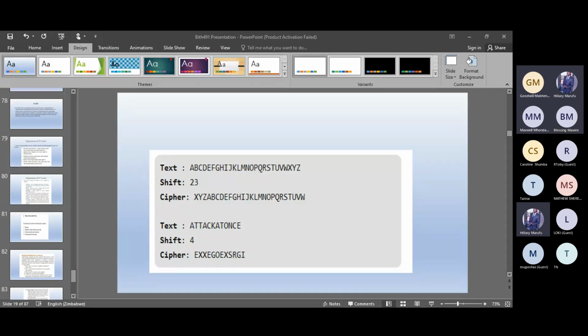A QR code is an image that has got embedded text on it. It's okay.